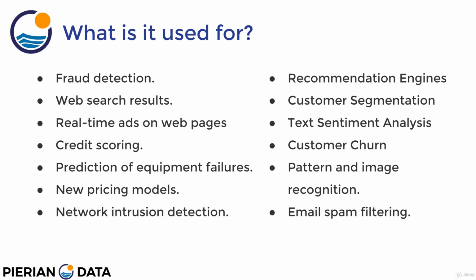Then there are things like recommendation engines. If you're shopping on something like Amazon.com or viewing some online streaming video service and it's recommending new videos, movies or TV shows to you, machine learning is used for that as well. And things like email spam filtering, where the emails that go into your spam folder are identified using natural language processing, and then things like pattern and image recognition.